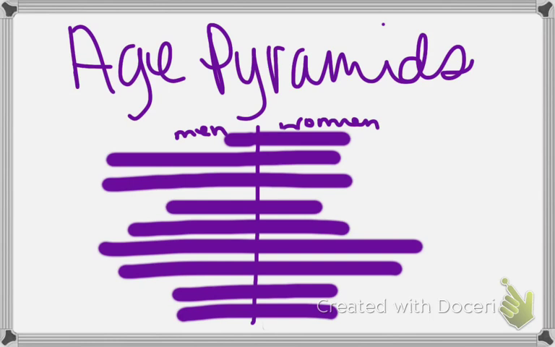If you notice, from the 80s plus, you will be asked to interpret this, why do you think there are more women than men? What could be a cause of that? War.